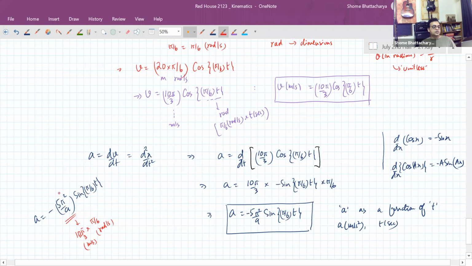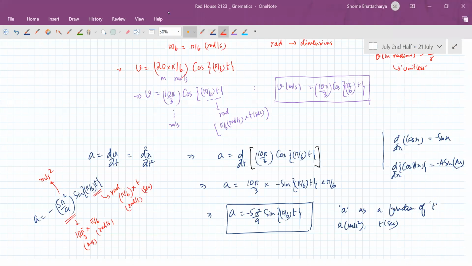Therefore, the whole thing becomes meters per second square. Whereas this quantity here is in radians. It is pi by 6 radians per second multiplied with time in seconds.